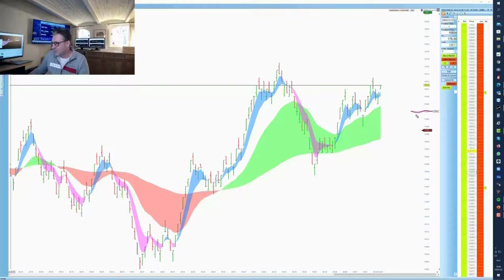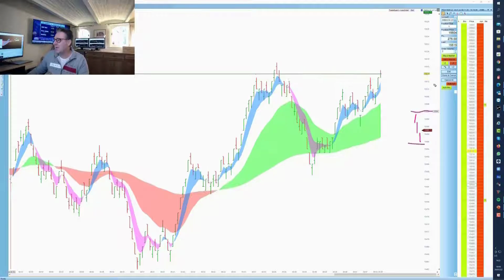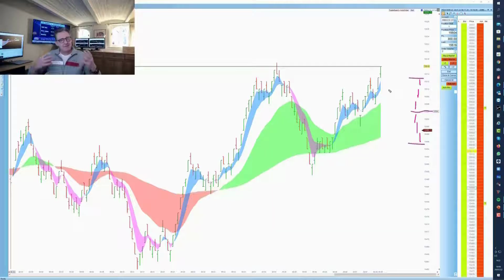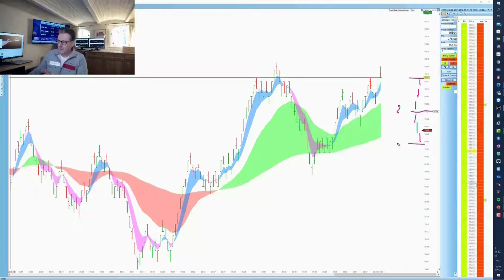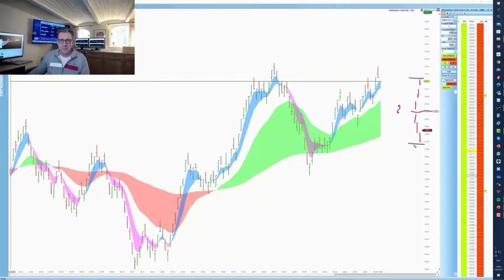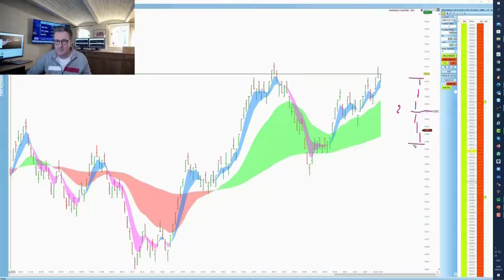My stop was 3 ATR below, and my first target was 3 ATR above. If I trade with 2 lots, and I reach this level and sell half, I can even leave my stop there. The worst that can happen is that I don't make anything.